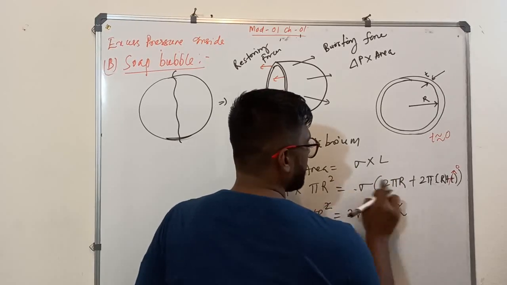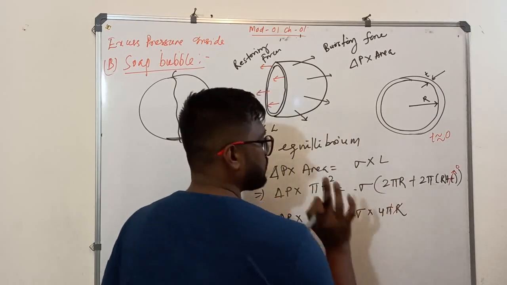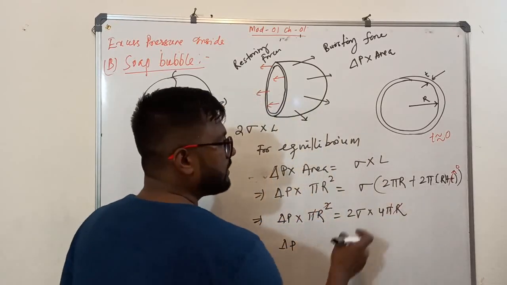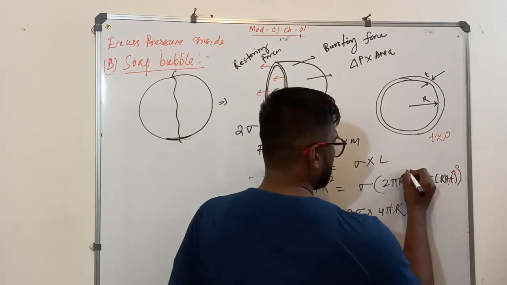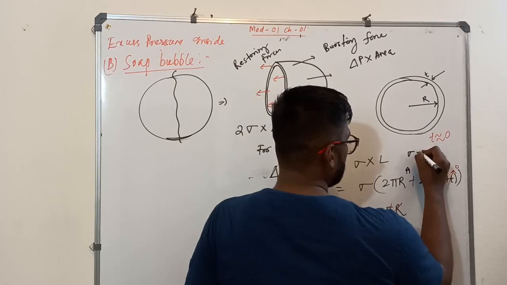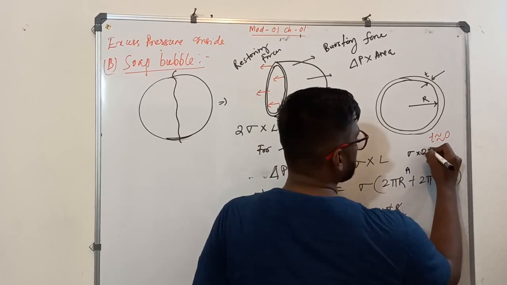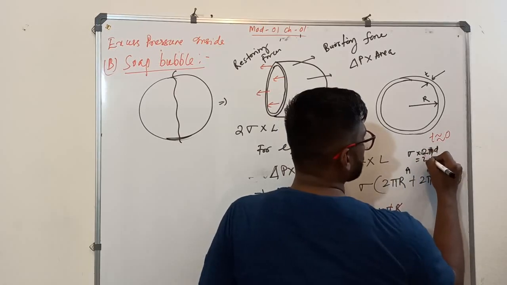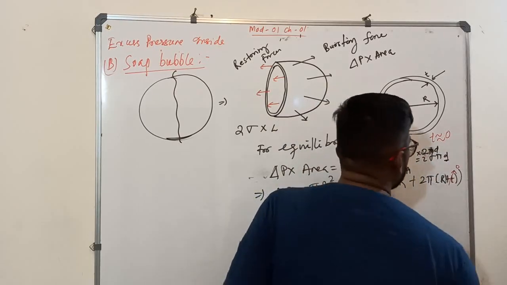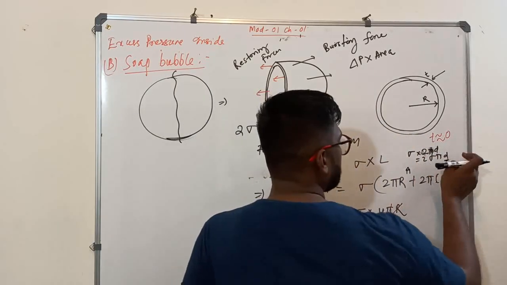Already I am writing 2 surfaces, that's why I am not writing 2 here. If you convert it, it is sigma into pi d, which is sigma into 2 pi d, so that 2 will come here, 2 sigma pi d, or sigma pi d equal to 2r.